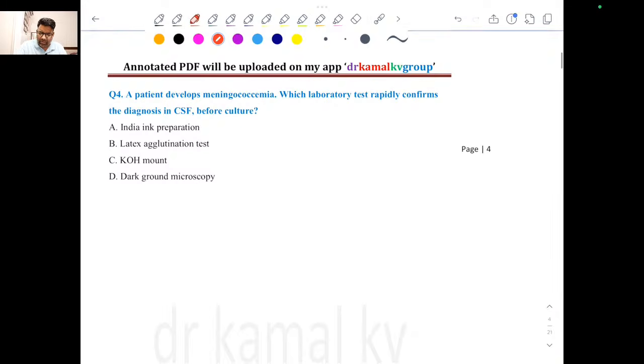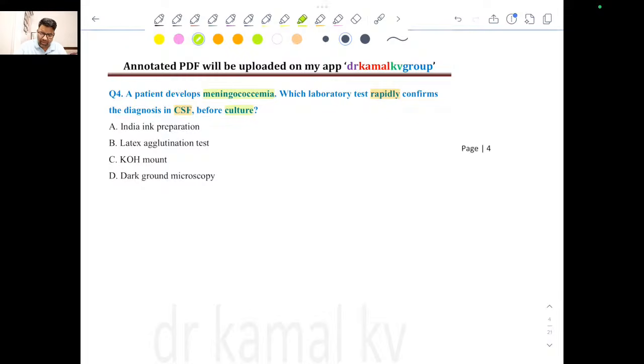Now, some questions you can at times solve by the principle of exclusion. So, maybe you do not know the exact answer, but if you just skip the other options, maybe you can reach up to the most probable answer, right. So, here there is a patient who is having meningococcemia. Now, which lab test rapidly confirms the diagnosis in CSF even before the culture?